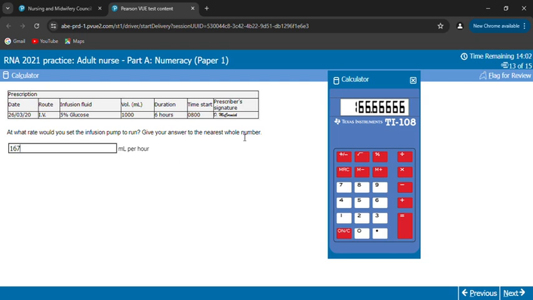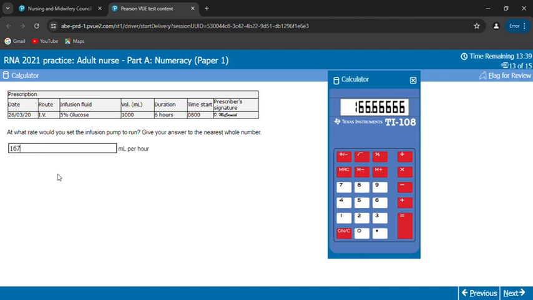Look at the demand of the question. Nearest whole number means you cannot write your answer with a point. In your answer there will be no point, no decimal. Nearest whole number means simple numbers.